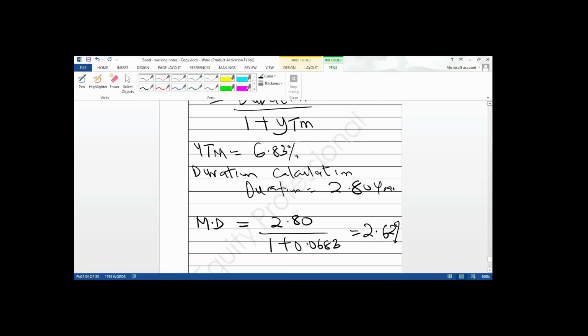Alternatively, if market interest rates should fall by 1%, the value of the bond will rise by 2.62%.